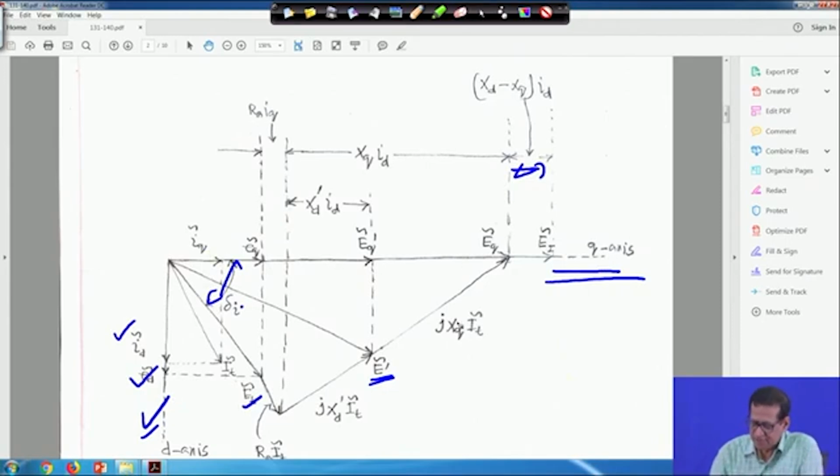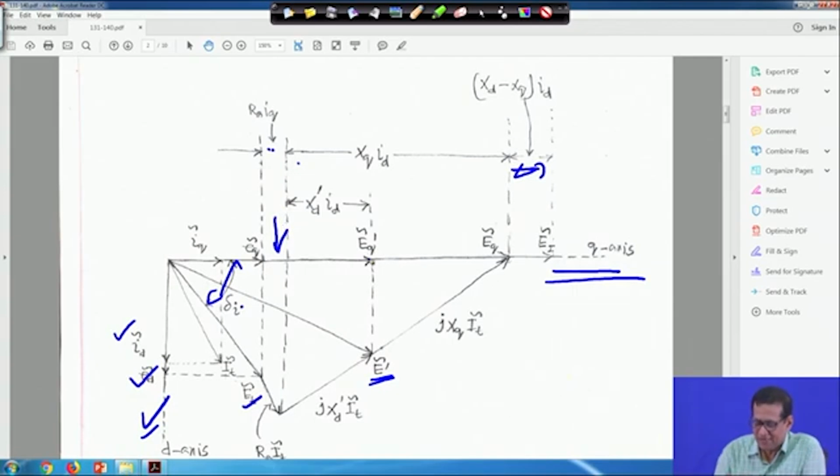This term from here to here is XQ IQ, and this term is RA IQ, because this is my IT and this is my ET tilde.